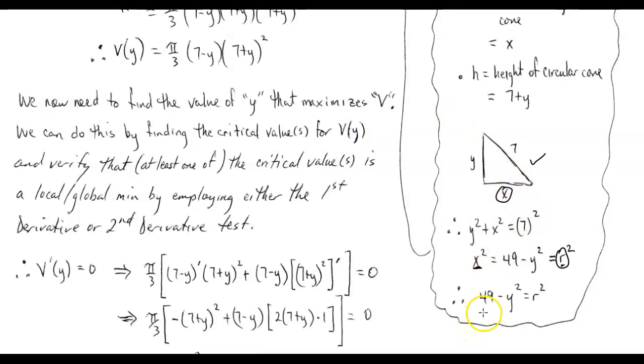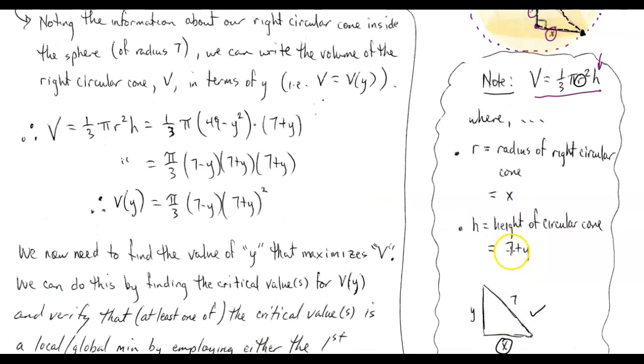And we see that it's just 49 minus Y squared in this case. So once we have that, we pretty much have everything that we need to know. And why is that? We needed to be able to somehow express both R squared and H in terms of the same variable.